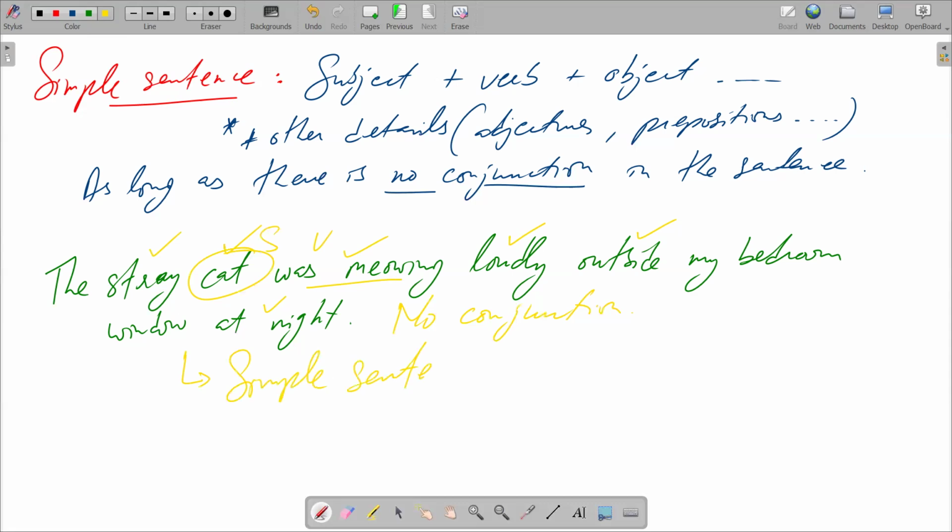Right? Now, when Cambridge in their marking scheme for writing says varied use of different sentence structures, this still counts as a simple sentence. So they will give you credit that you were able to write a simple sentence, adding detail, and you've got everything in place and it's properly written, right? So you will get marks for that. But this still counts as a simple sentence.